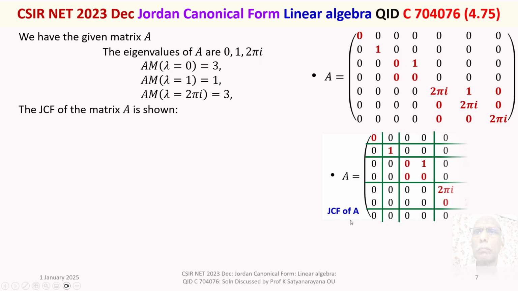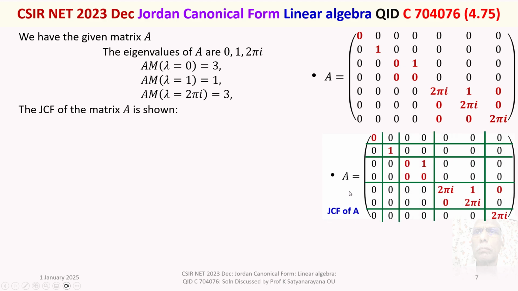So the Jordan block consisting of 0, the Jordan block consisting of 1, the Jordan block of size 2 consisting of 0, 1, 0, 0. Now this last block is split into 2 Jordan blocks: one Jordan block of size 2, 2 pi i, 1, 0, 2 pi i, and the other of size 1, 2 pi i.